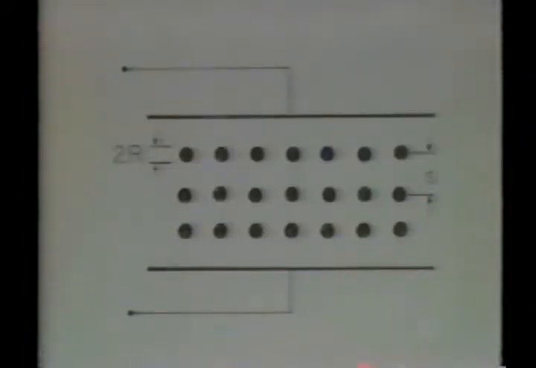This artificial dielectric is composed of what we can think of as molecules that are actually essentially perfectly conducting spheres. Each has radius r, and they're in a cubic array with spacing s. Application of voltage to the electrodes results in the spheres acquiring positive and negative surface charges on their poles.